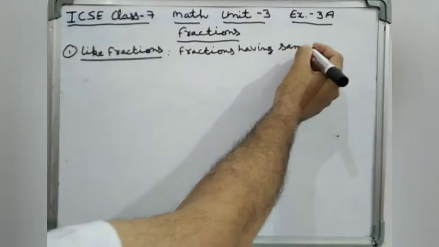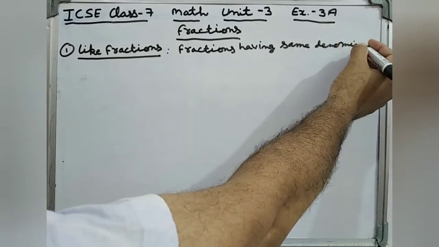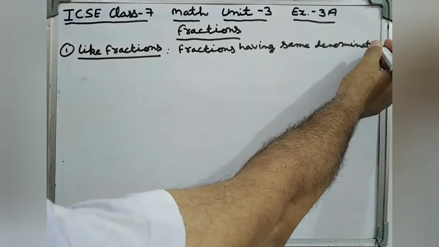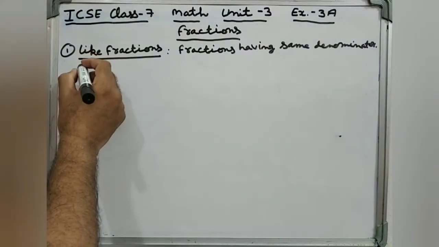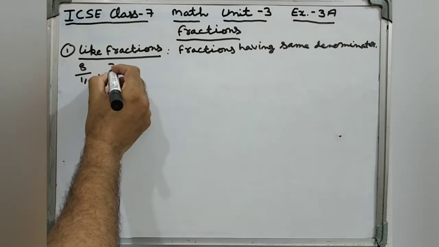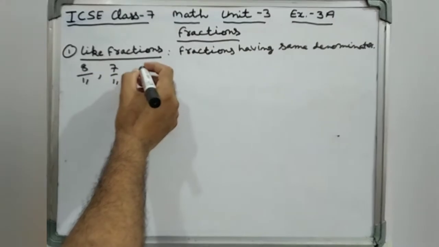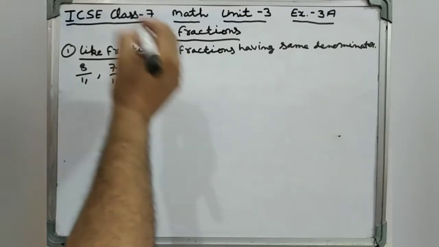What are like fractions? The fractions having the same denominator, like 8 by 11, 7 by 11, 5 by 11, and so on.